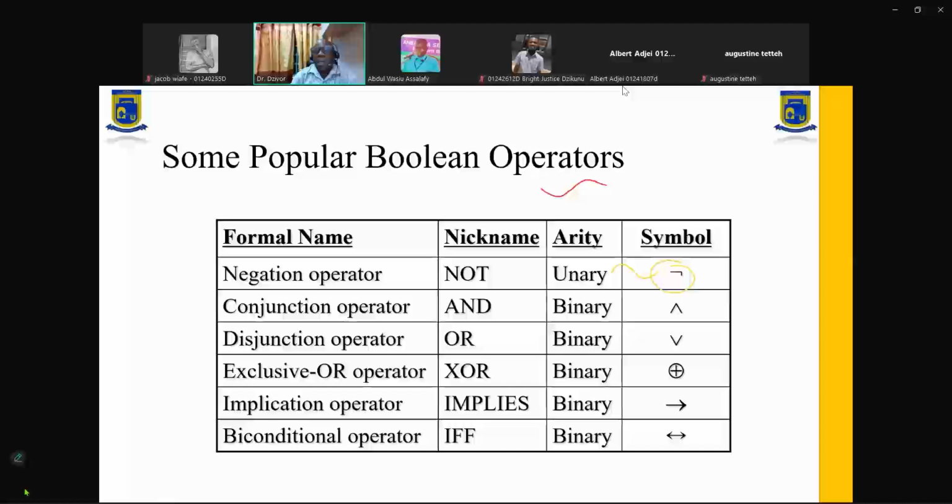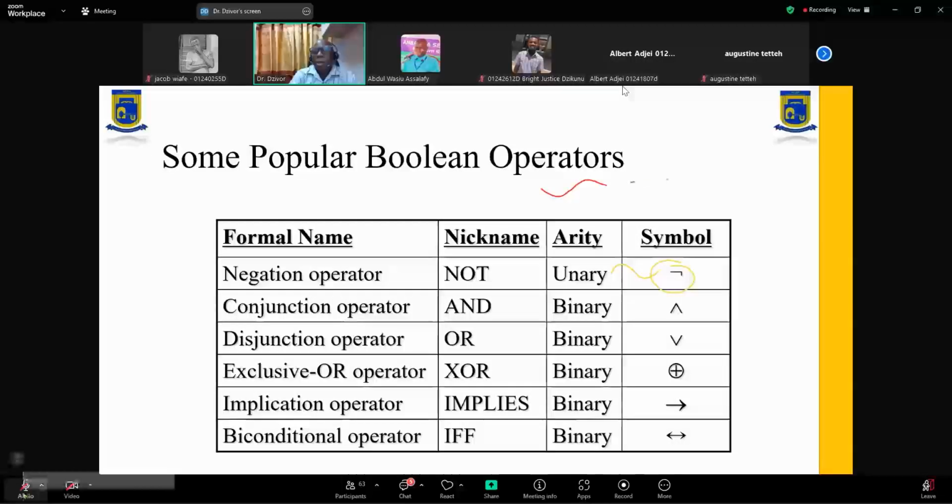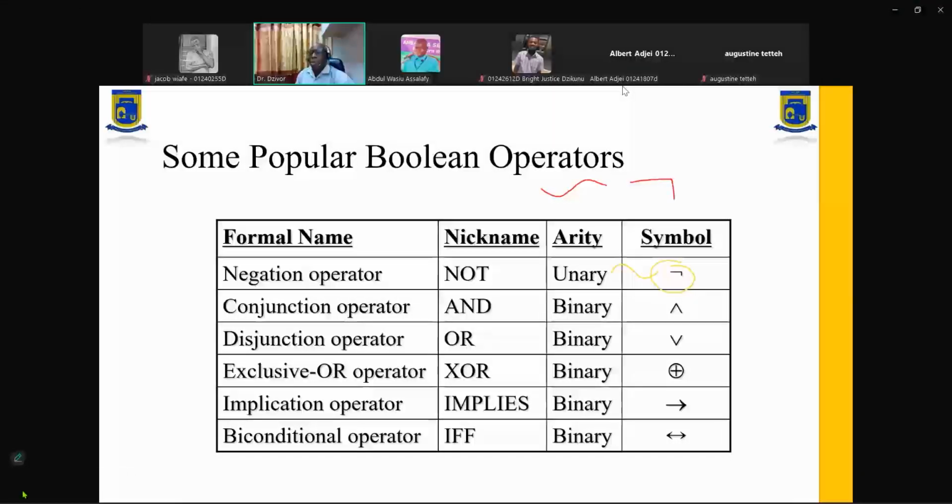These are keywords. John is smart. The negation: John is not smart. Abdul Wasil is a member of the class. When we negate that, the negation is: Abdul Wasil is not a member of the class.